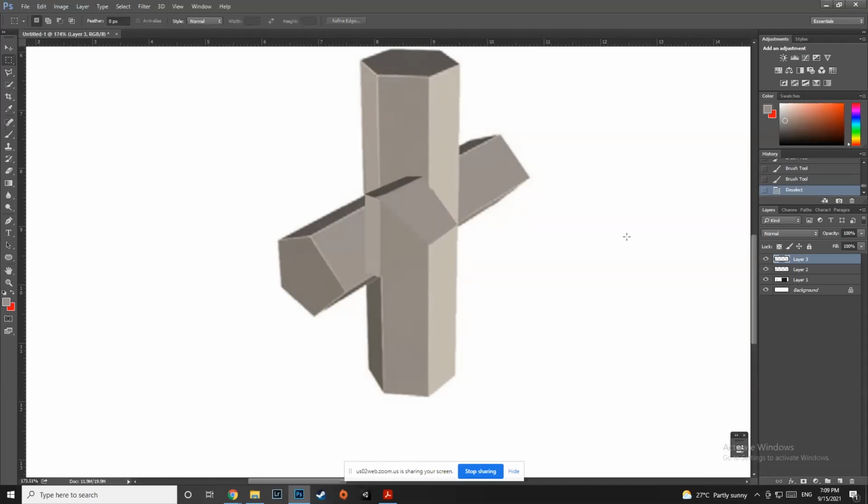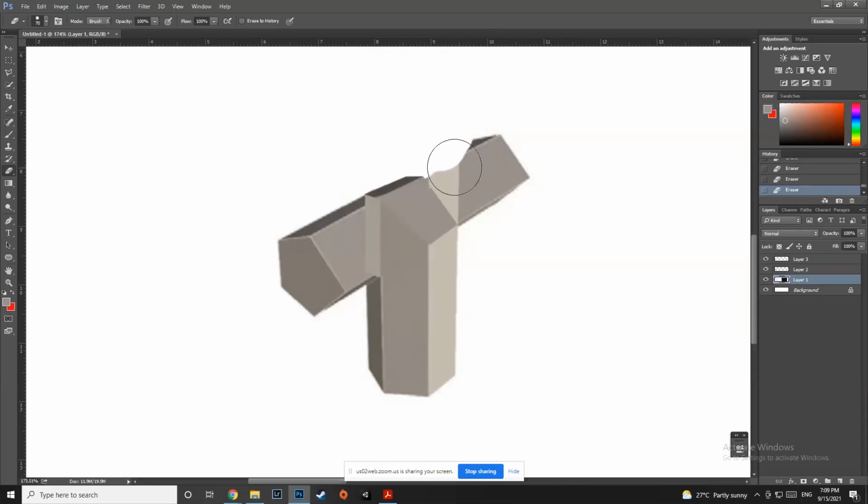Okay, now Sagar, tell me, are you able to visualize that this part is what will remain if they intersect?